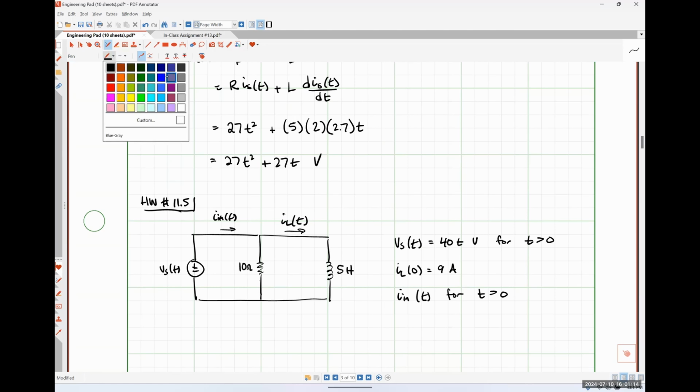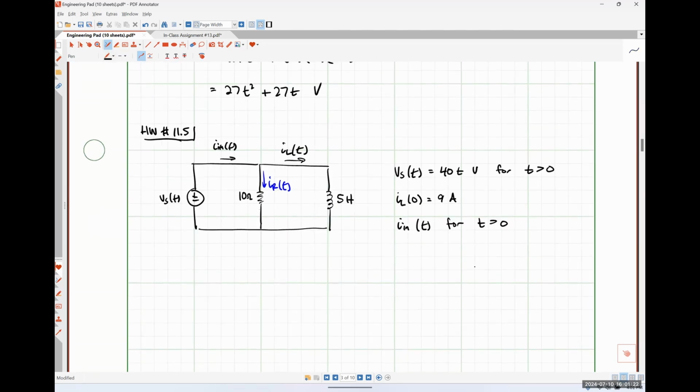So I'm going to apply Kirchhoff's current law, where this is going to be my resistor current. So I can say that In of t will be IR of t plus IL of t.